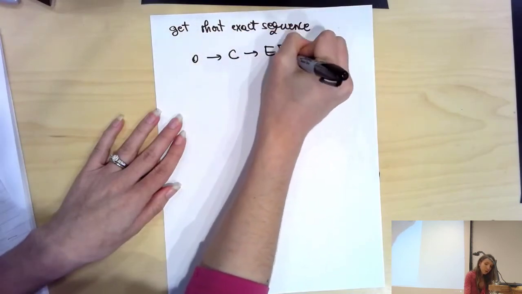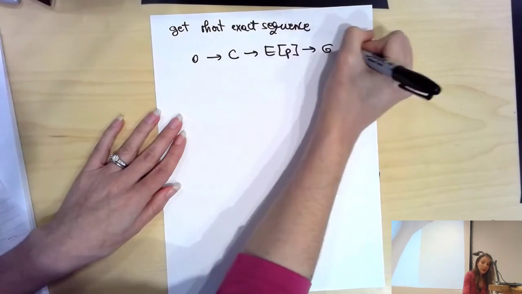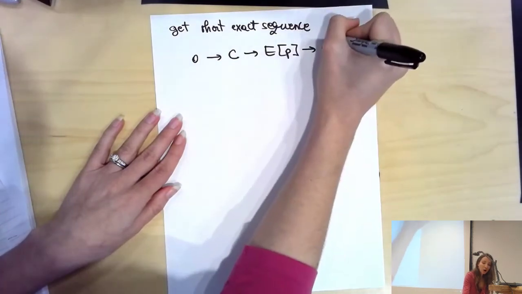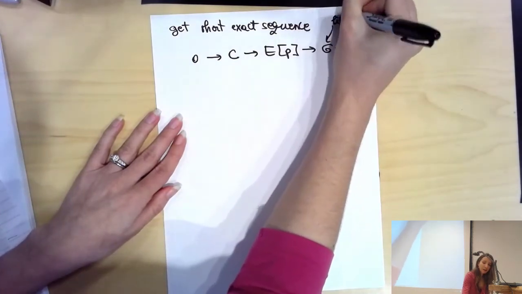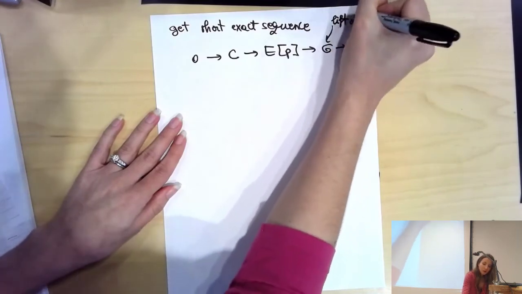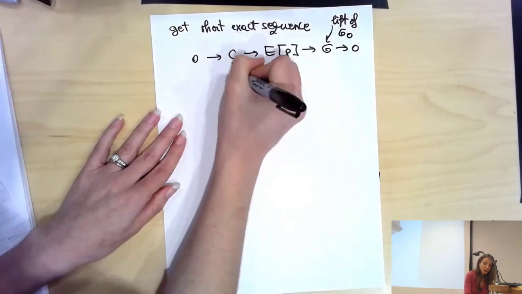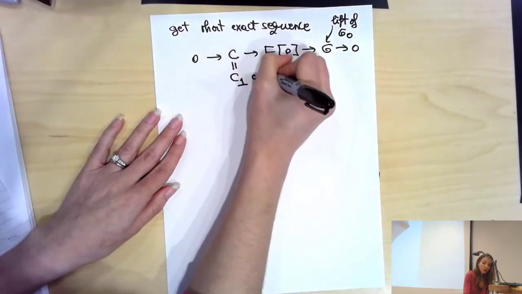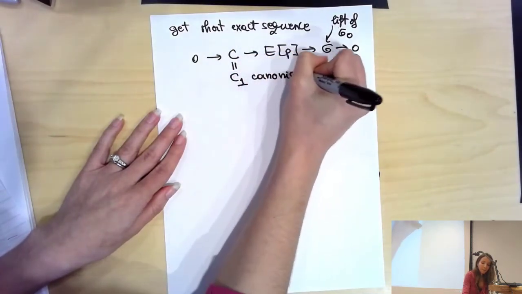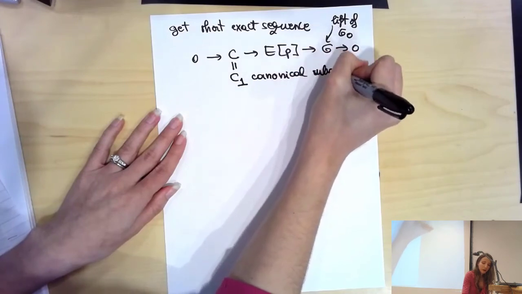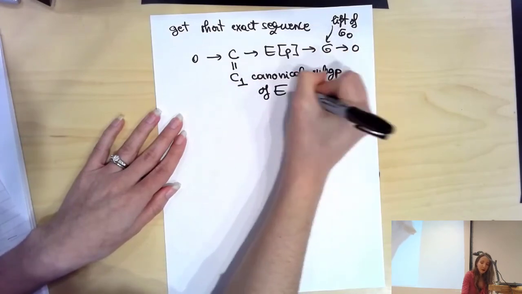You have the p torsion in E, and you take G to be the lift of G naught, and then the kernel is going to be C, or I can also call it C1. This is the canonical subgroup of E of level 1.